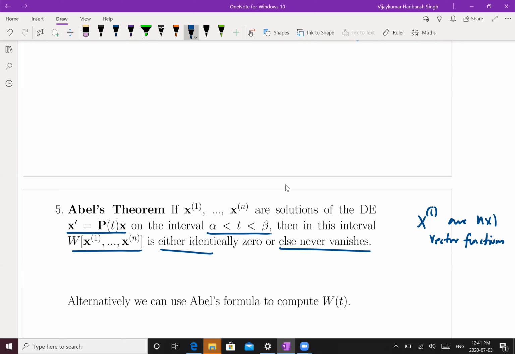So Abel's theorem gives you a way to compute the Wronskian: it satisfies an equation involving P11(t), all the diagonal terms, up to Pnn(t). This is what the Wronskian of the fundamental set of solutions will satisfy.